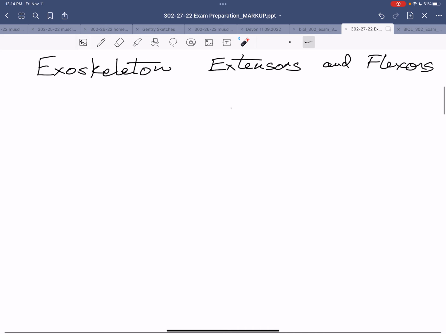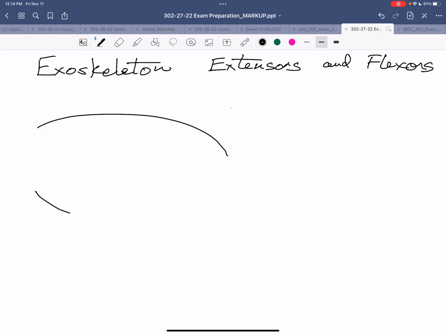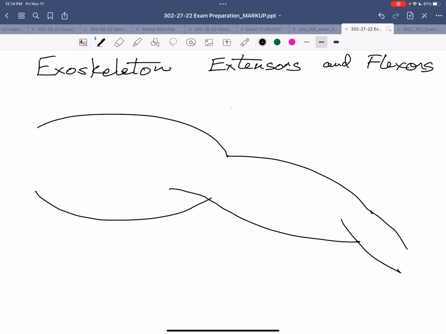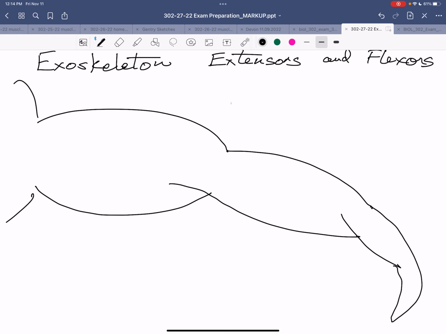The first thing was exoskeleton extensors and flexors. To remind you, we're looking sideways at an exoskeleton. Here would be the body of the animal over at this end.